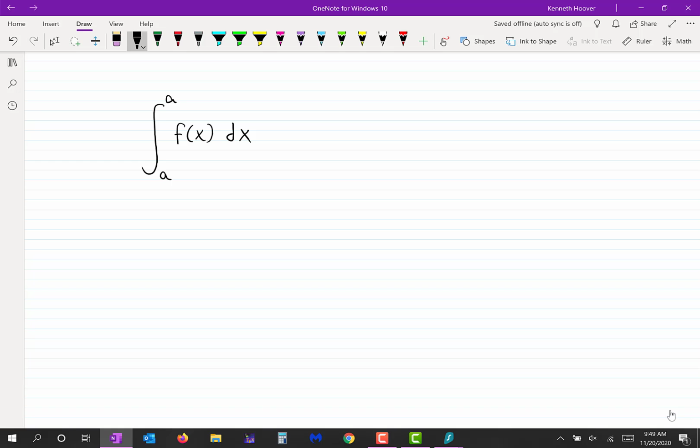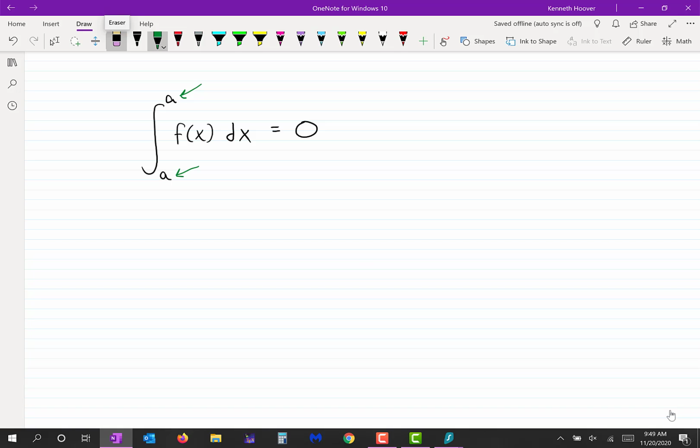There's nothing wrong with that. The only thing is that when you do that, there is no width to the shaded area, which means there's not going to be any actual area there. The answer will be guaranteed to be 0. So it's perfectly all right for those two numbers to be the same.